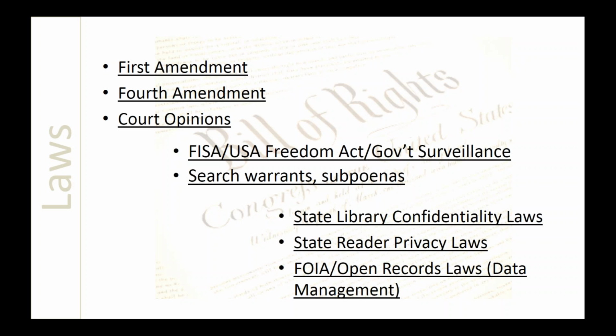absolute. The court's support for the right to privacy has limits. Laws like the Foreign Intelligence Surveillance Act and the amended USA Freedom Act, which is the successor to the Patriot Act, all demonstrate that government interests like national security or criminal investigations can trump individual privacy rights.